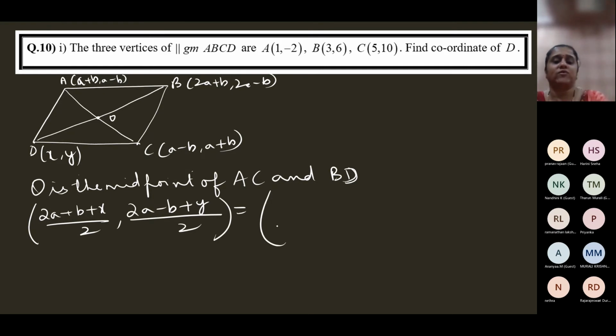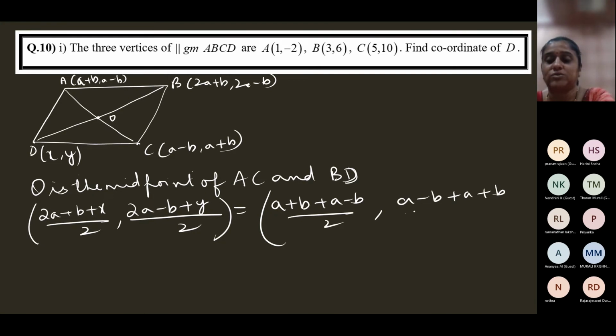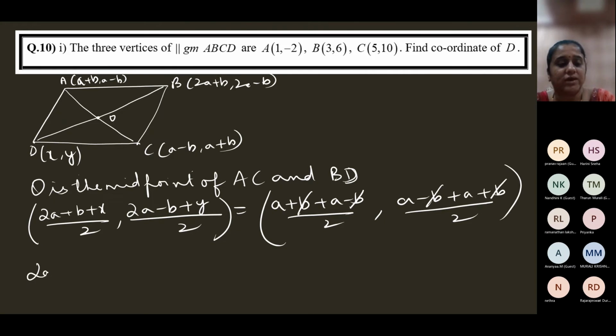Now we'll find the coordinates of O using A and C: (X1 plus X2) by 2, comma, (Y1 plus Y2) by 2. So this gives you minus B plus B. So (2A plus B plus X) by 2 is equal to, what do you get here? 2A by 2.